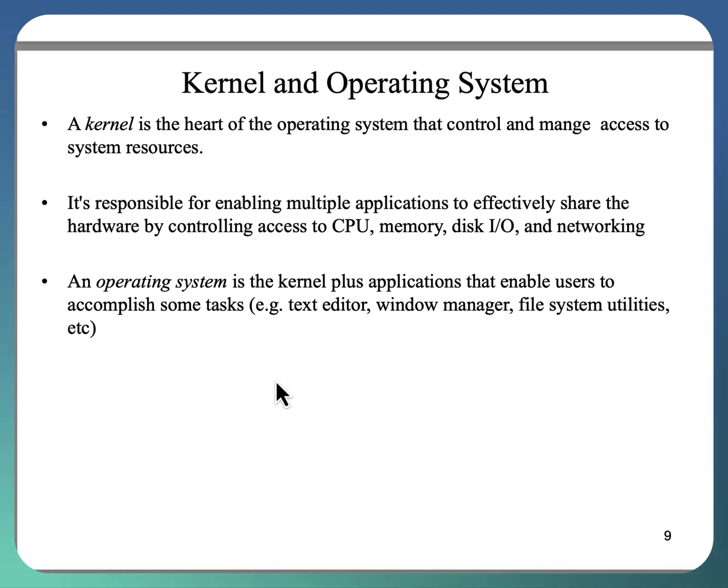But when you get the kernel, include a few applications, and release that software, the combination of the kernel plus a few other applications is what you call an operating system.